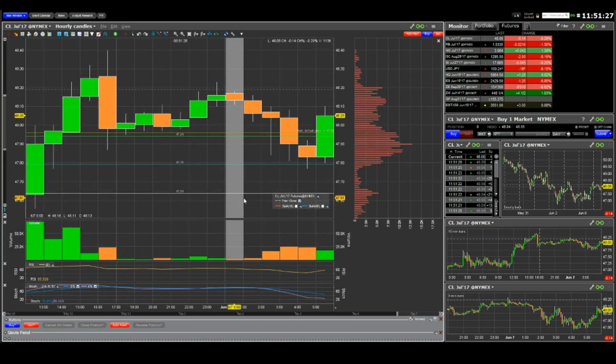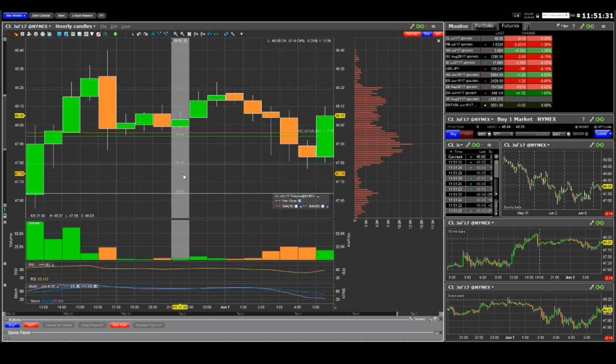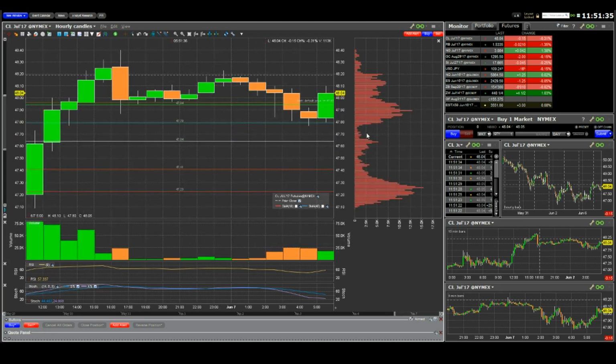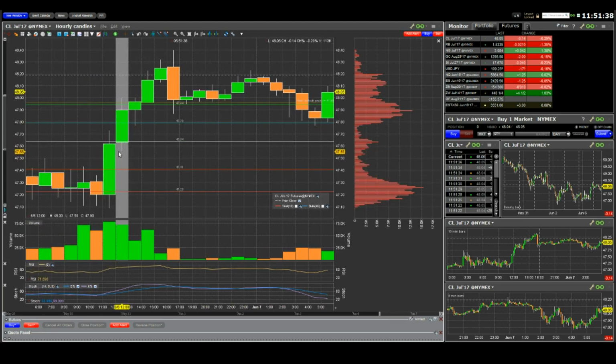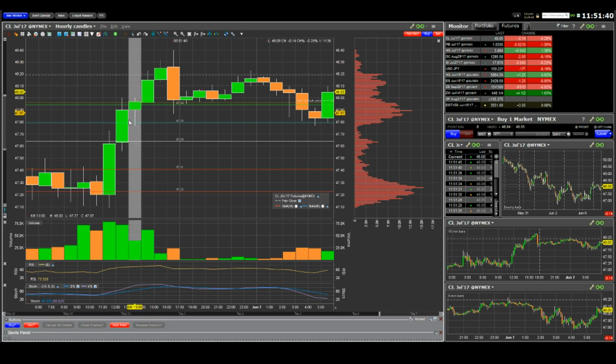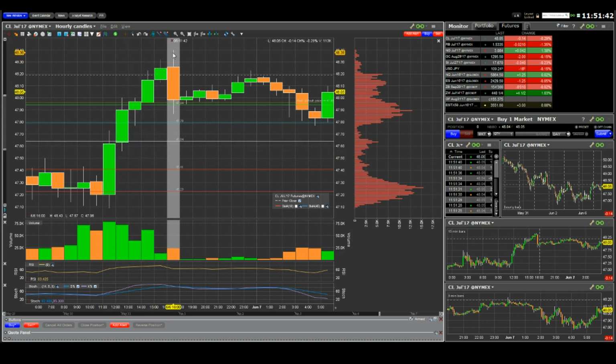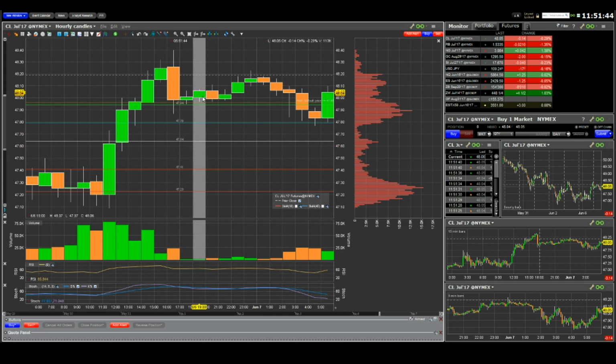Now, what does this mean? On these price levels in these past few hours, there has been little volume accumulated. You saw a surge of the price, going through that level, never coming down to test it again.